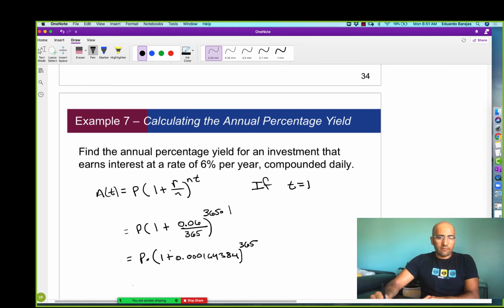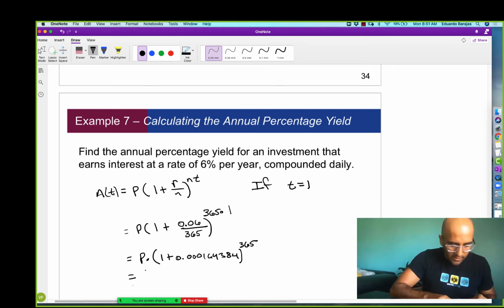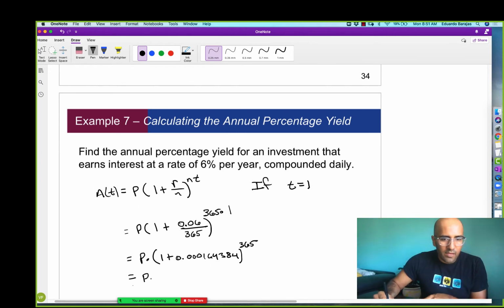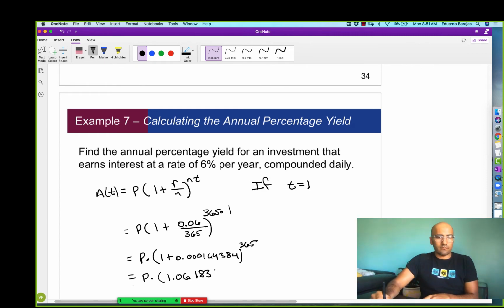Okay, so then we just figure out what that is. I get P times 1.06183, 1311 if you want to be a little more accurate.